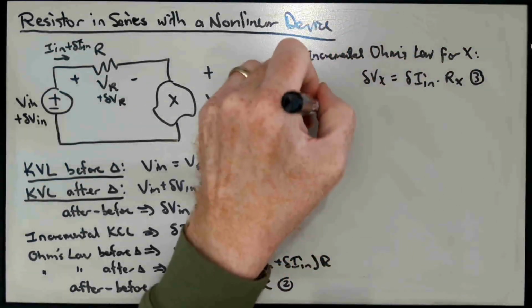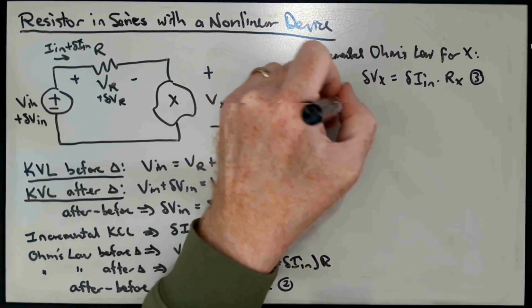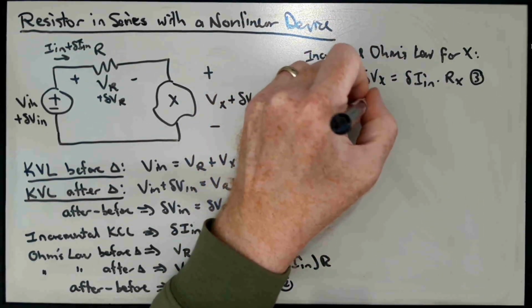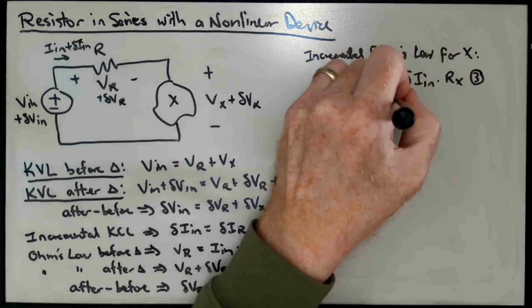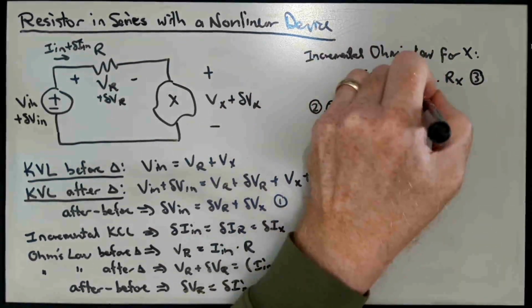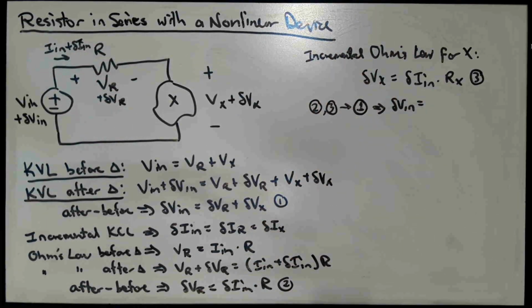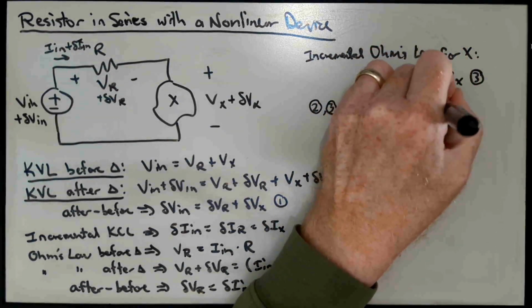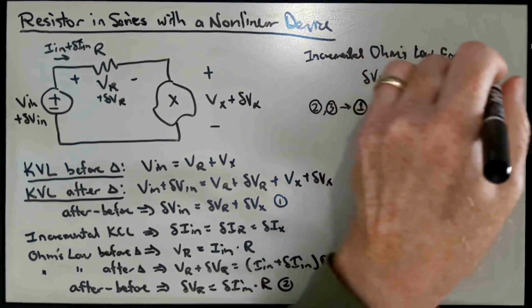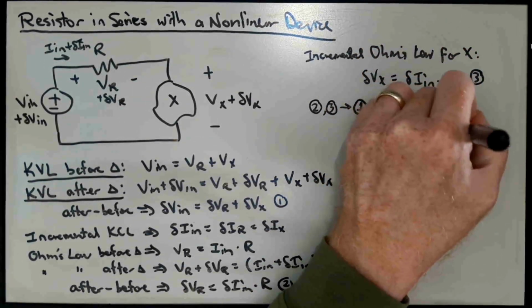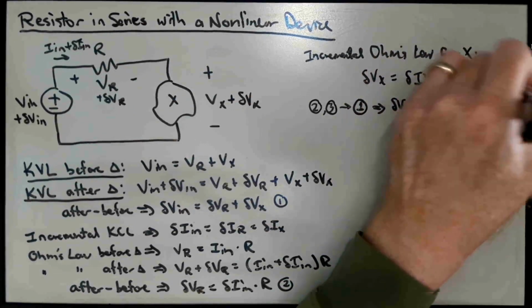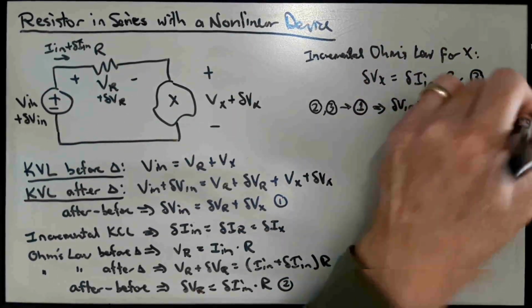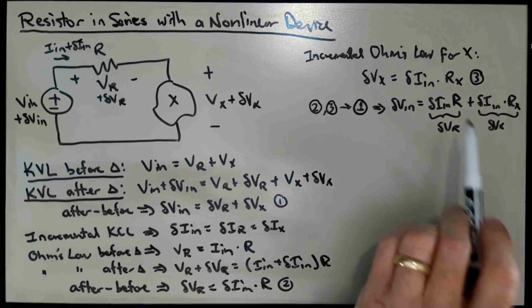If we take 2 and 3 and substitute them into KVL, we find that delta Vn is equal to delta Vr, which is delta IN times R, plus delta IN times Rx, which is delta Vx. And so we can factor out the common delta IN.